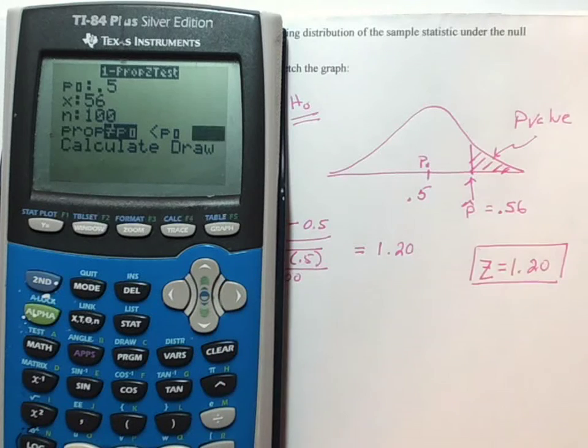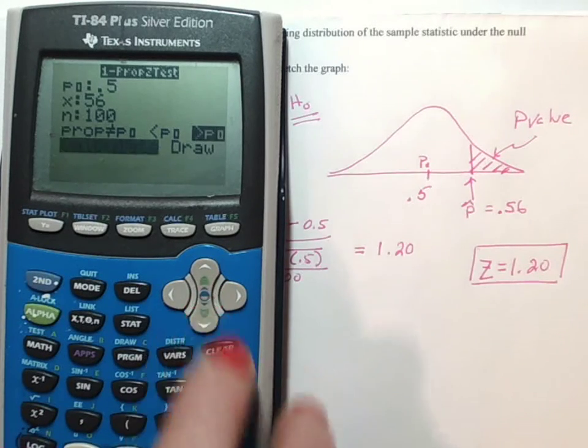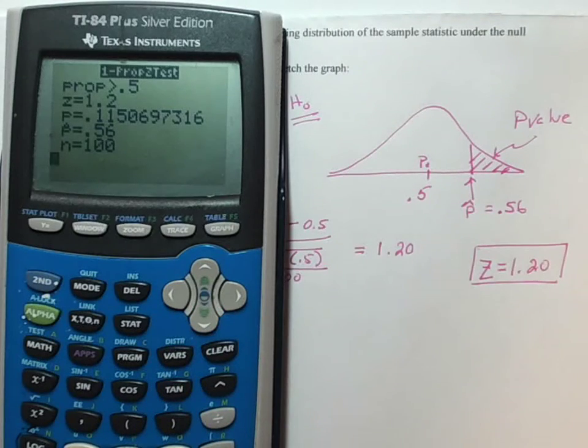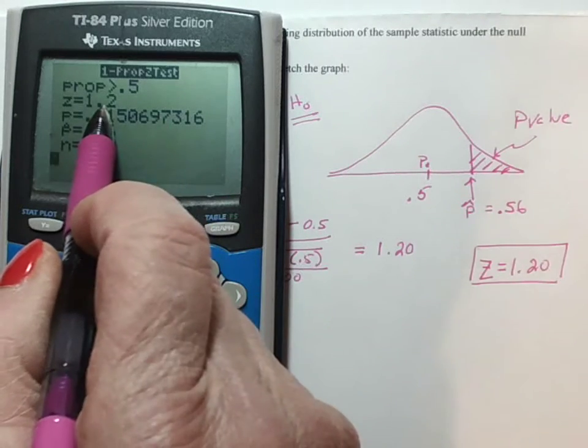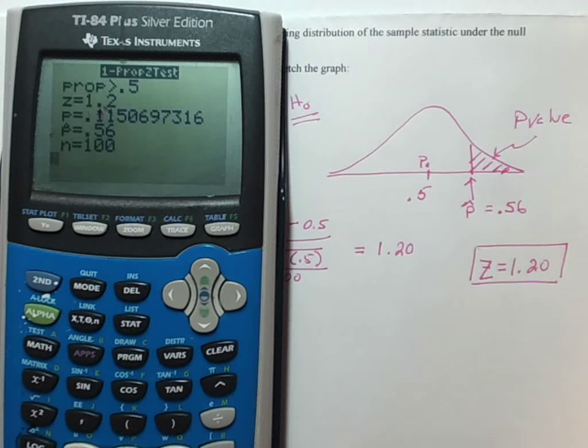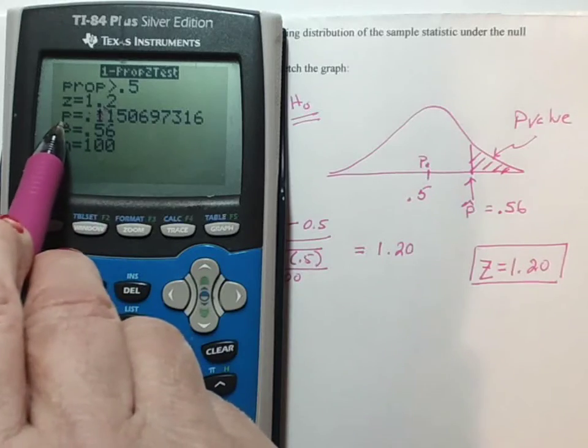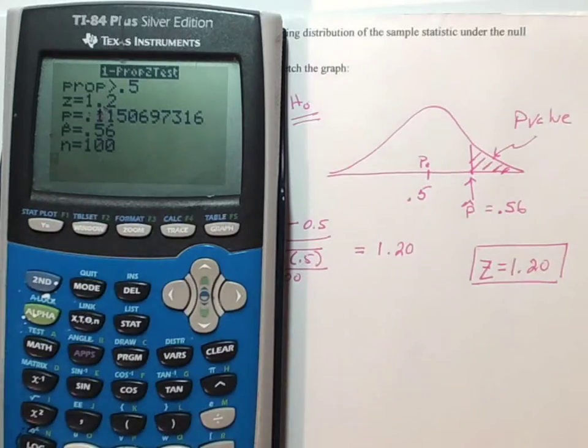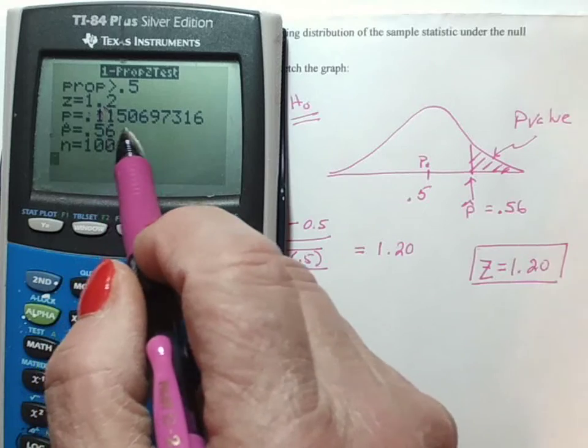You can arrow over, and you hit calculate, and you can see that our z is 1.2. And you can also see this P is going to be our p-value.